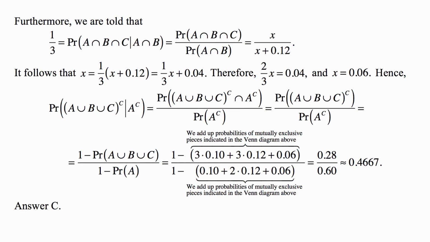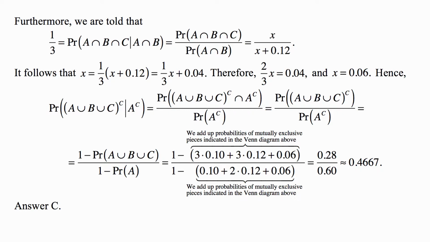and X is 0.06. We are looking for the probability of the complement of A union B union C, so being outside of the union of the three events, given A complement. By definition of conditional probability, again, that's the probability of the complement of A union B union C intersected with A complement, divided by the probability of A complement.